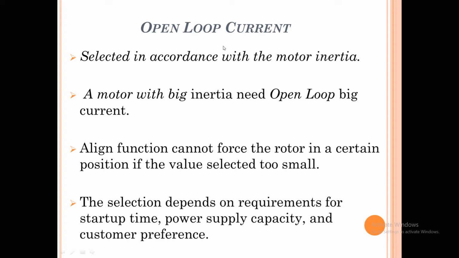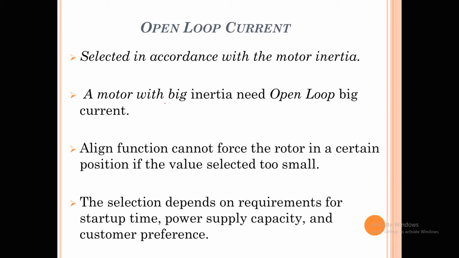One more key point is the open loop current. What does open loop current actually mean? When you accelerate your motor, it requires a certain amount of current to operate the motor, and that depends on which open loop current value you select through the tuning.